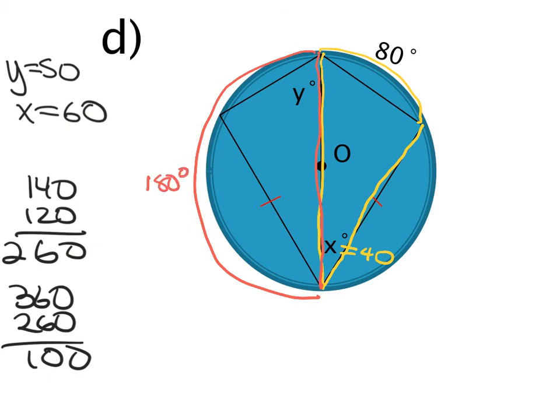And then from here, we can also look for some other things. We could realize that when you have a triangle inscribed in a semicircle, then this would be a right angle, making this 50 degrees, which would make its intercepted arc 100.